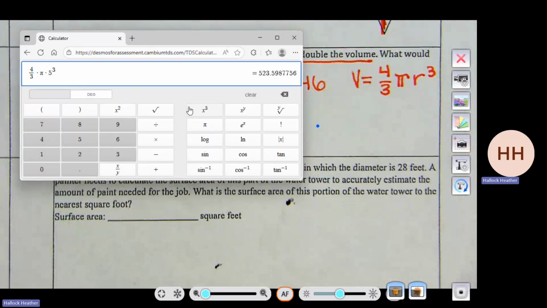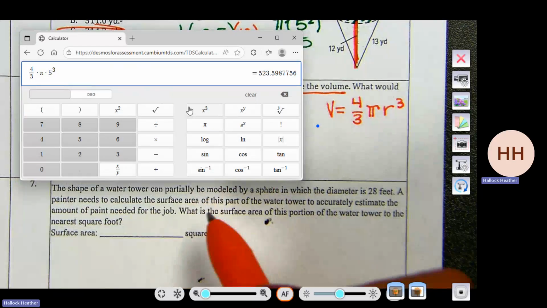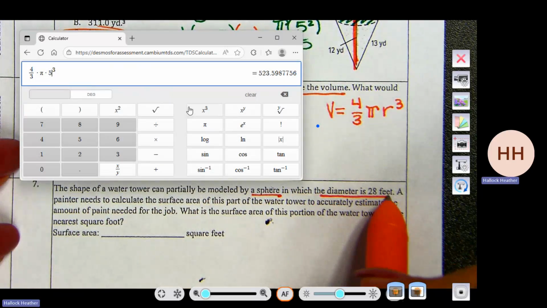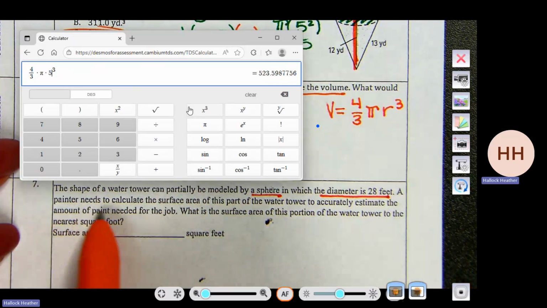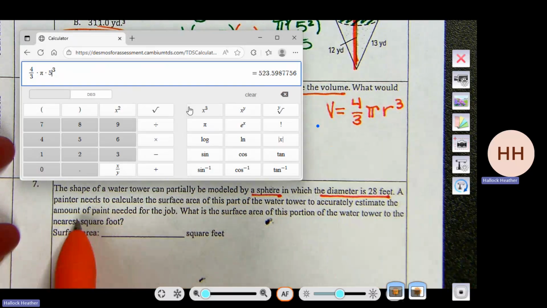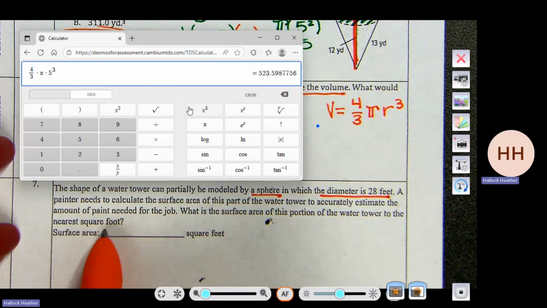Number 7 says the shape of a water tower is partially modeled by a sphere, and the diameter is 28 feet. A painter needs to calculate the surface area of the part of the tower to accurately estimate the amount of paint he needs for the job. What is the surface area to the nearest square foot? So we have a sphere. Don't let all the words confuse you.